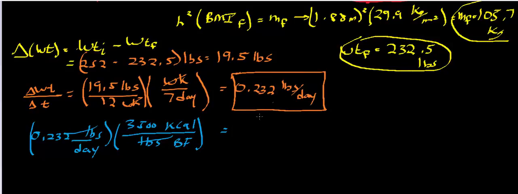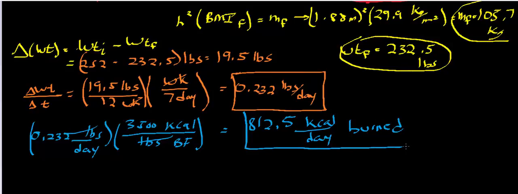This person has to have a net expenditure of 812.5 kcals per day burned. So this person has to burn 812.5 kilocalories in 1 day.